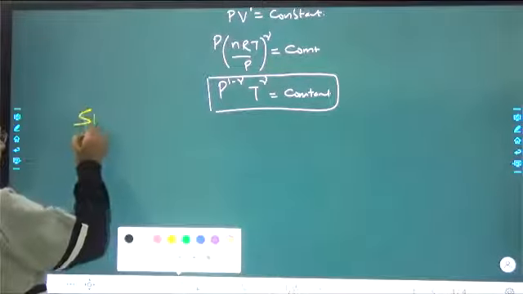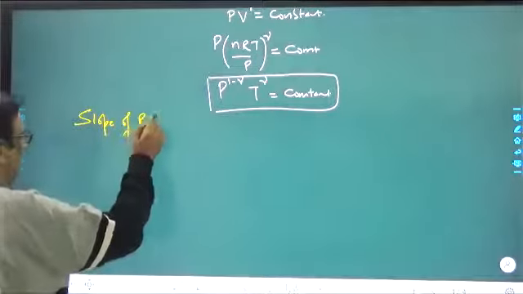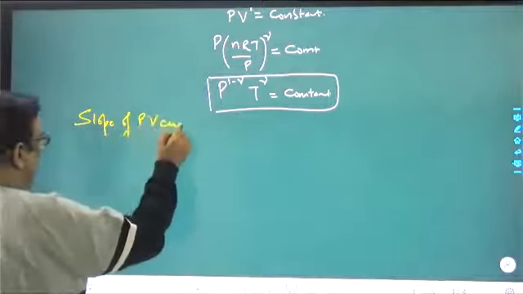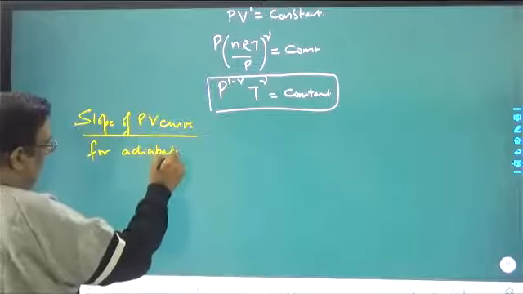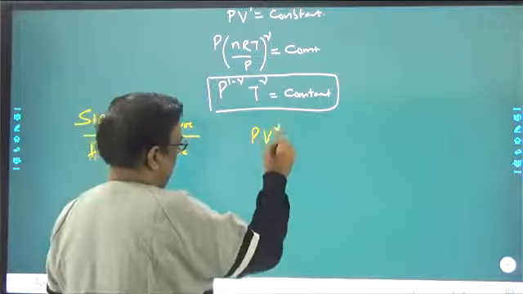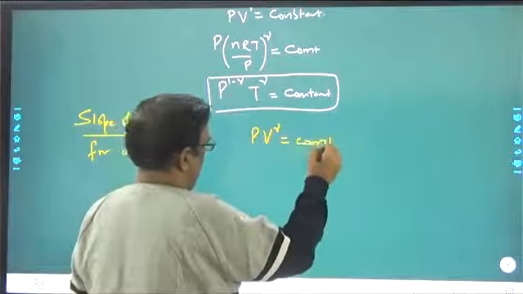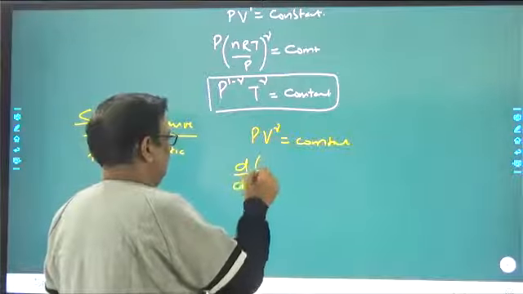If you want to find the slope for adiabatic, differentiate further with respect to volume.